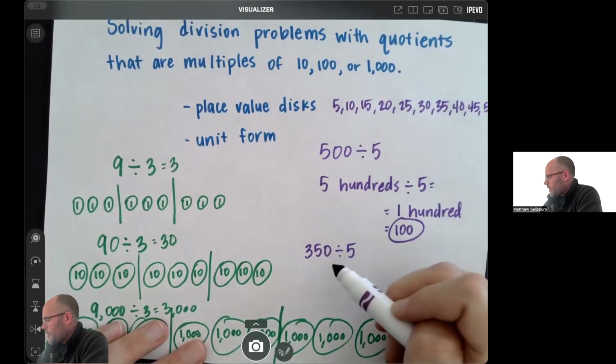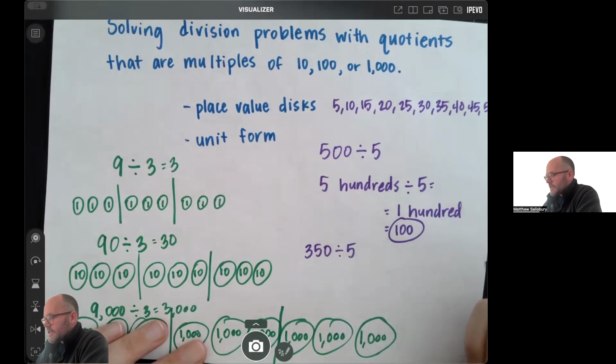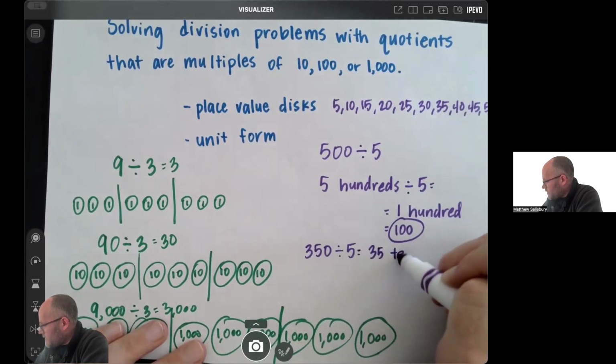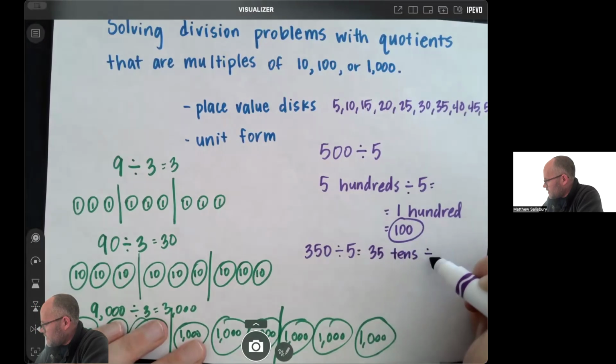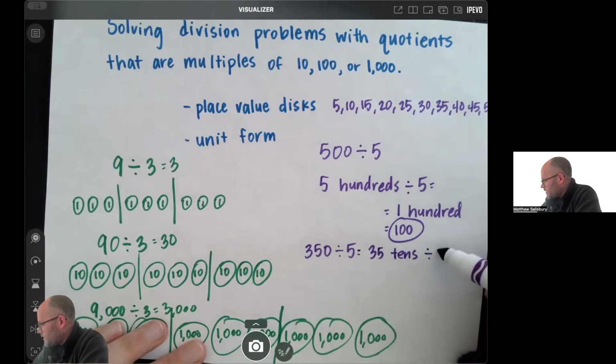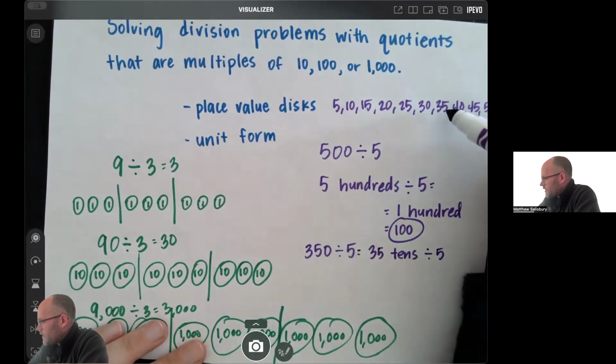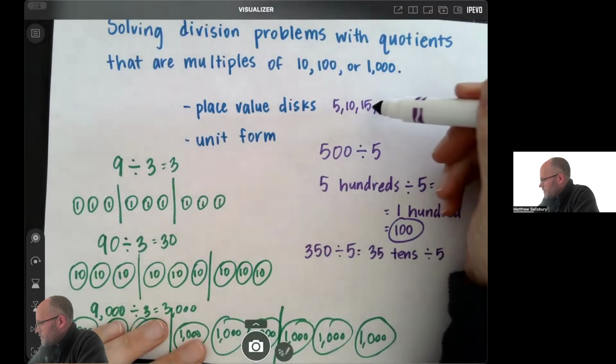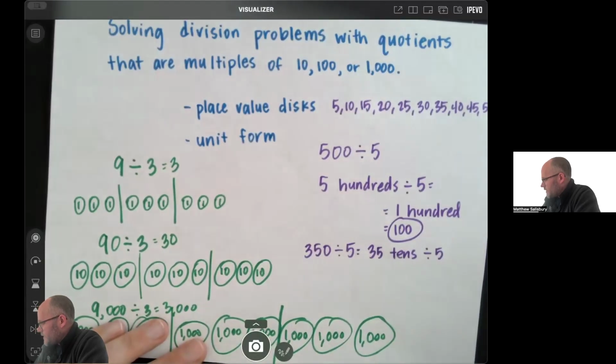So instead of writing 350 as 3 hundreds 5 tens, I'm going to actually write it as 35 tens divided by 5. I see 35 in my multiples, so 5 times 1, 2, 3, 4, 5, 6, 7 is 35.